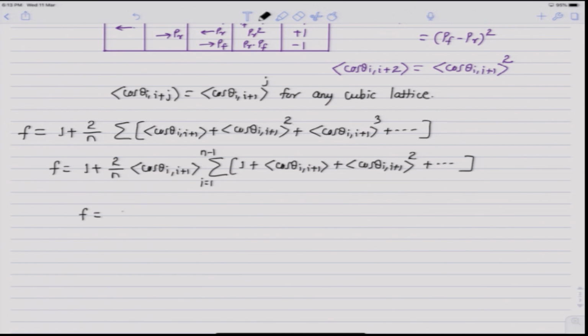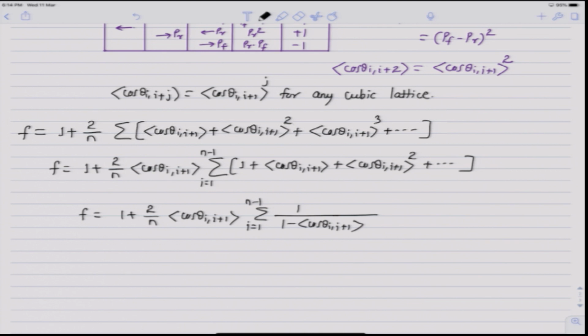Now, this series can be approximated to 1 over 1 minus average of cos theta (i, i+1). So, we can write f is equal to 1 plus 2 by n average of cos theta (i, i+1) summation of 1 over 1 minus average of cos theta (i, i+1), where i goes from 1 to n minus 1.